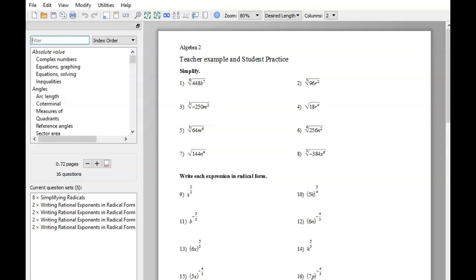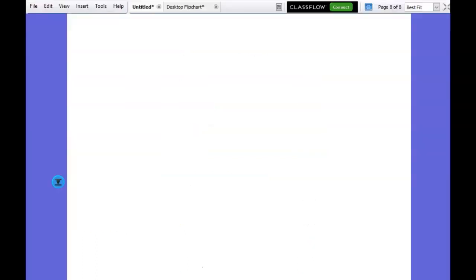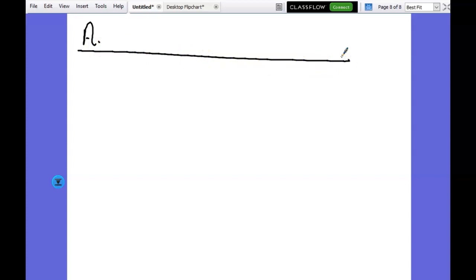Oh, you know what? Before we do that, let me give you guys a note here. So this is an nth root. This is what I mean by an nth root. Whatever kind of radical we're looking at, a square root, a cube root, what kind of root is it?